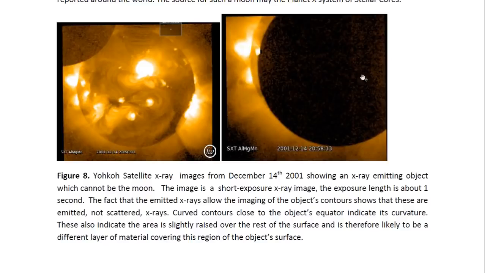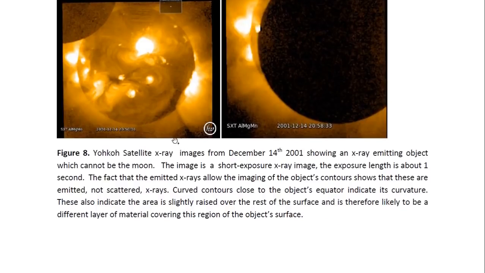So this is most likely one of the stellar cores that have invaded the solar system, since it is emitting X-rays from its surface, and not just from one side of its surface as we'd expect a comet to emit. This one is emitting X-rays from all over its surface.